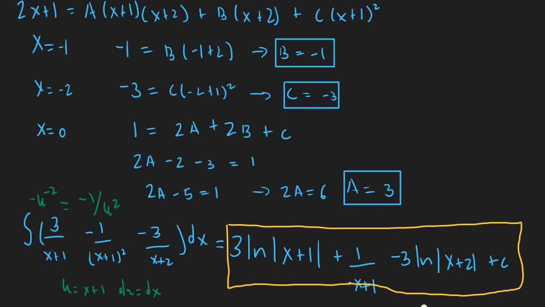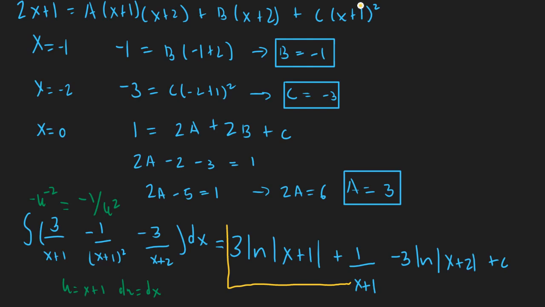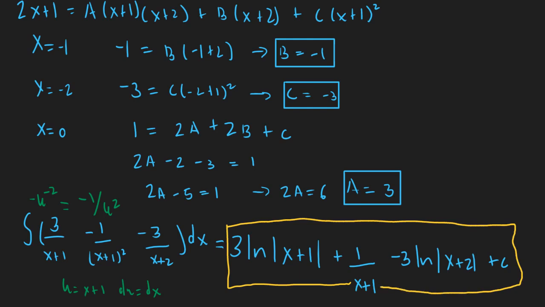Here we can actually differentiate this so that we can go back to the original answer, and that's not too bad, because we know that the derivative of natural log would just be 1 over x plus 1, and so on, right? And then of course you can add by using common denominators and things like that.